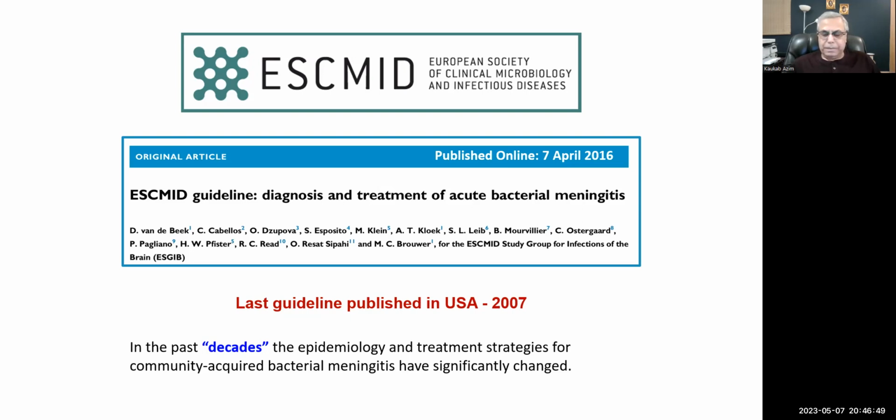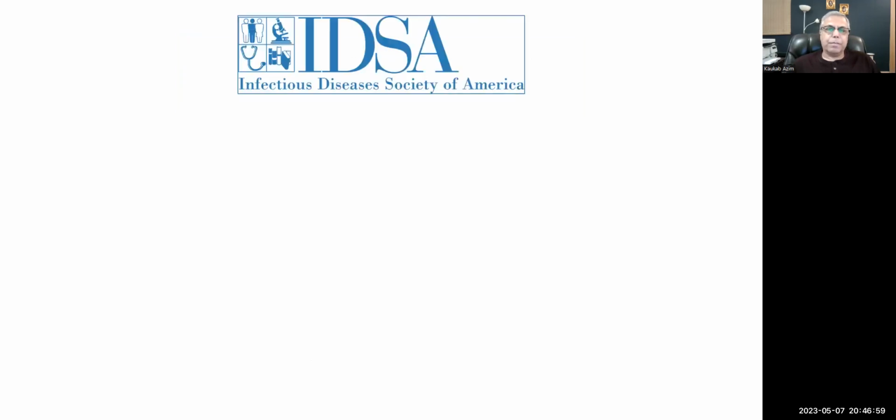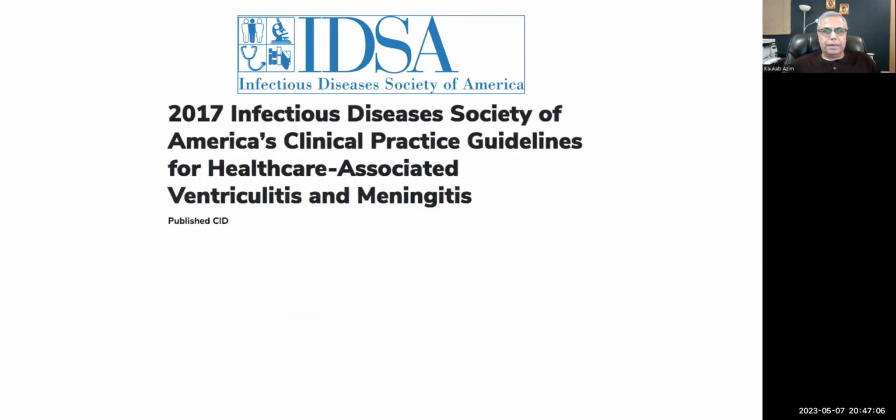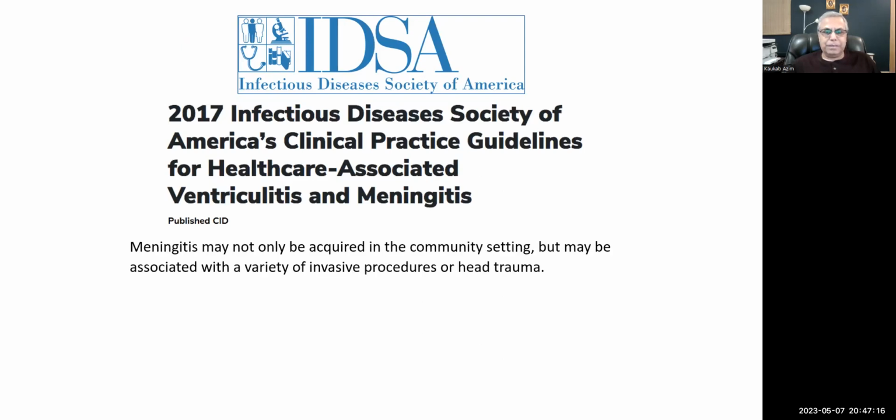So that means there might have been some change in the bacteria or some fungi or viruses that may cause meningitis. Now, these are the guidelines of the Infectious Diseases Society of America, and their guidelines were published in 2017. Practice guideline for healthcare-associated ventriculitis and meningitis.